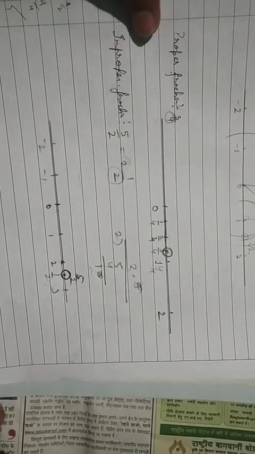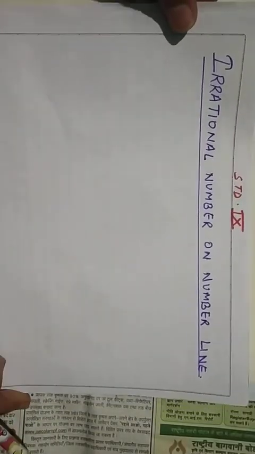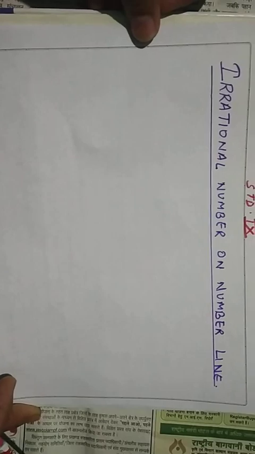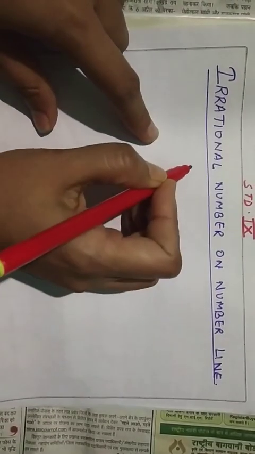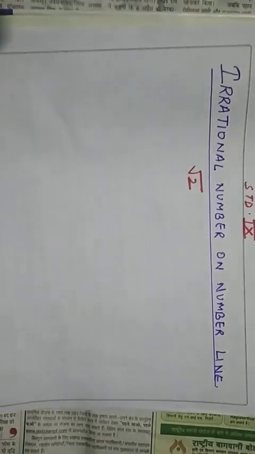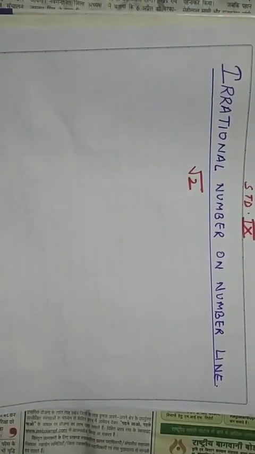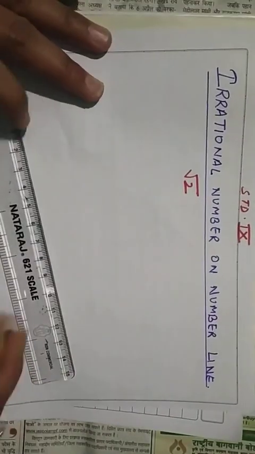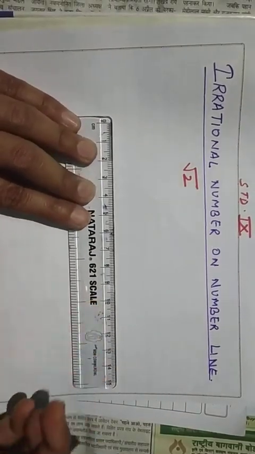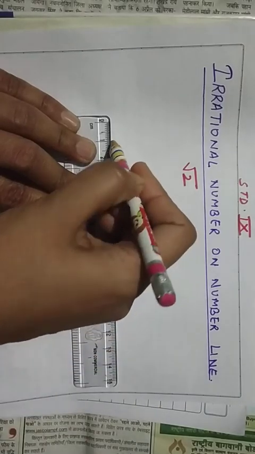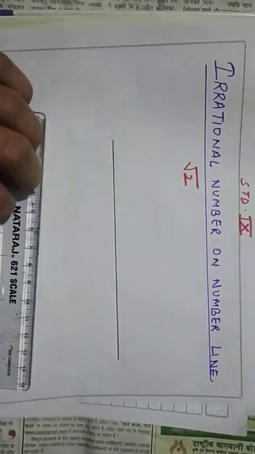Got it? Now let's understand how to show or represent an irrational number on the number line. First of all we are going to plot under root 2 on a number line. So for this we are first going to draw a number line.